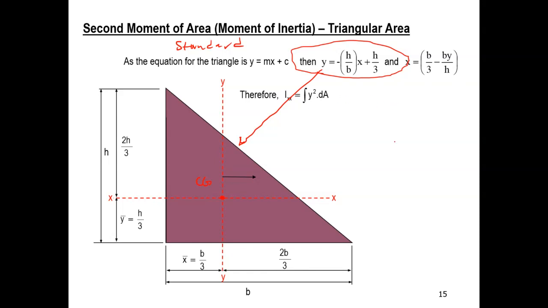So I need to take a tiny strip. This is my tiny strip for calculating the integral. The area of this tiny strip is dA, that is dy multiplied by x plus, and this is x, right?